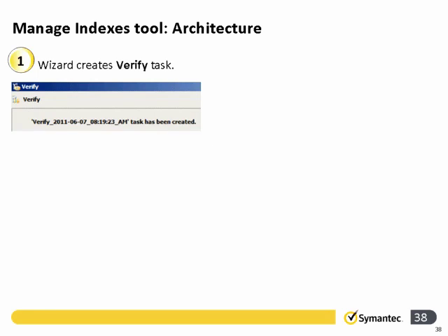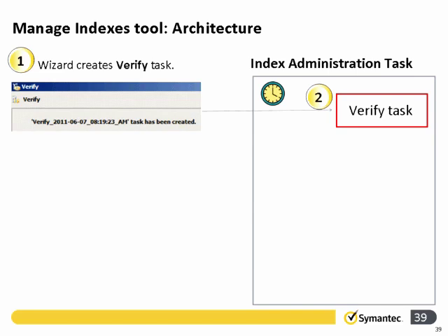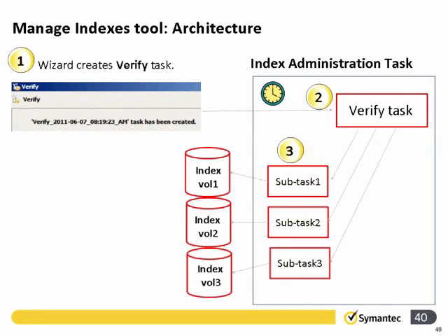If I select verify, the basic architecture of the tool is it will create the actual task itself. Once it's created that task, in this example a verify task, we will have an index administration task that will be responsible for monitoring the running of the verify task. If necessary, it will create subtasks.